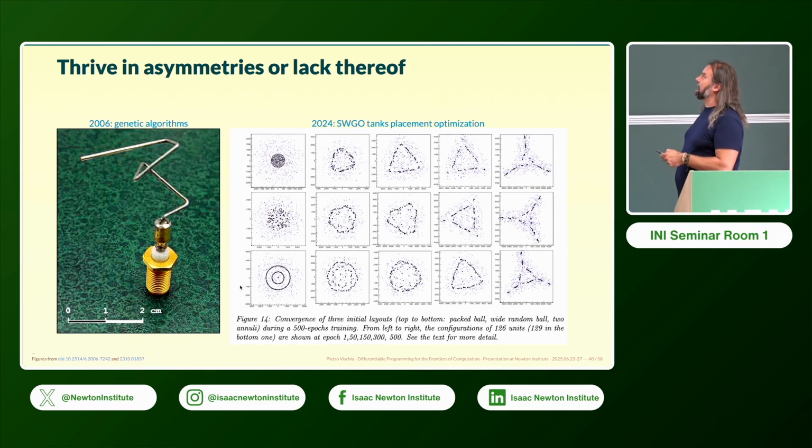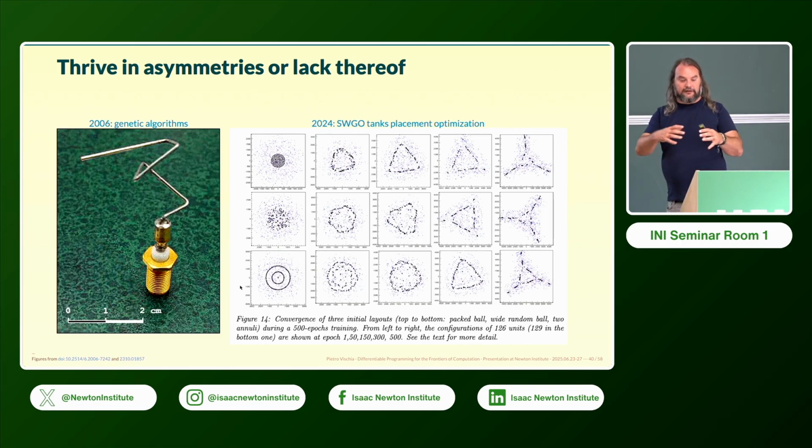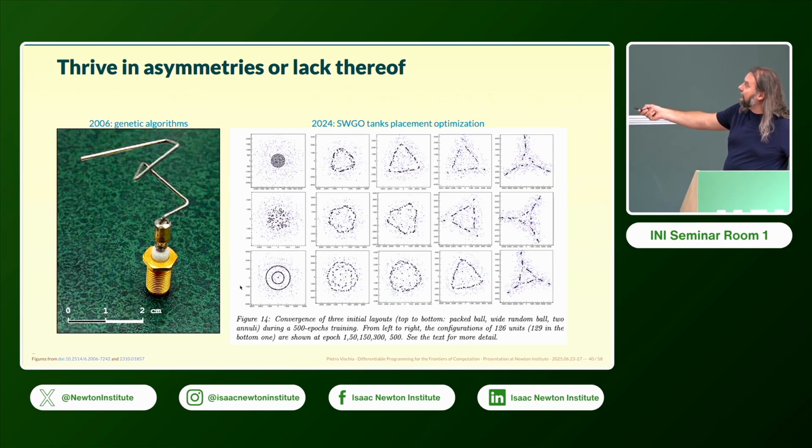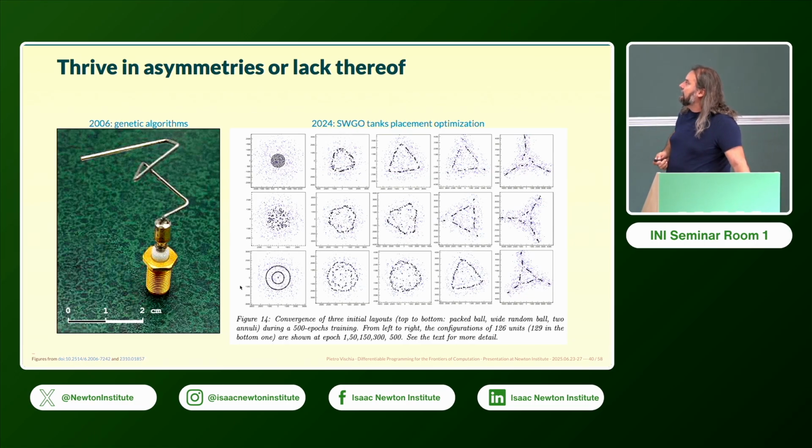Similarly, some colleagues last year optimized the placement of tanks that can detect particles that come from the cosmos over a couple of kilometers. So this is a field of a couple of kilometers in South America. And you detect stuff that comes from the sky, and you want to separate stuff that comes from protons and stuff that comes from photons.